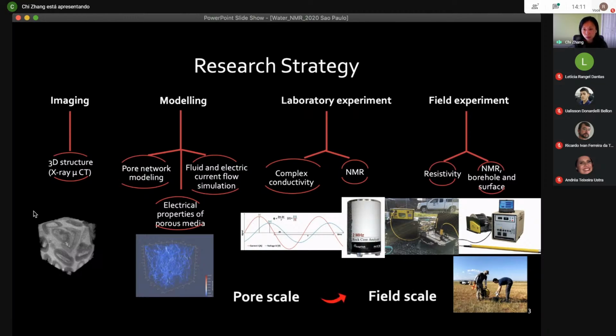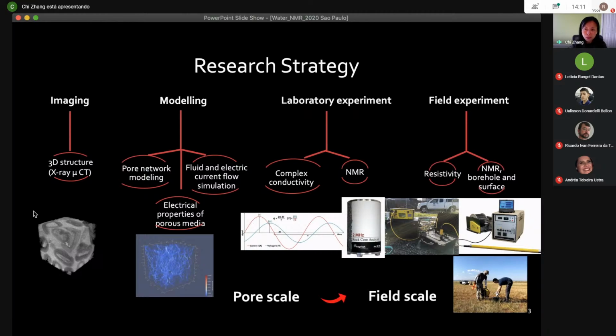So from this chart, you probably can see that my research goes from the pore scale to the field scale, and I'm trying to do my best at the different scales and trying to find out some of the fundamental problems, and also to link some of the important parameters across different scales.